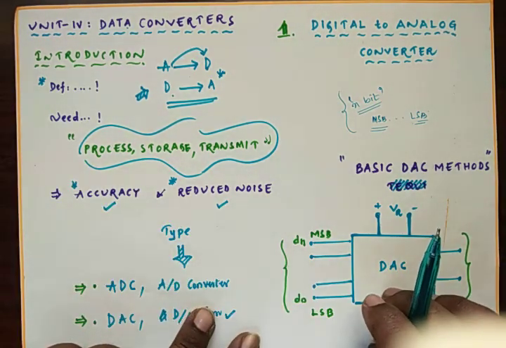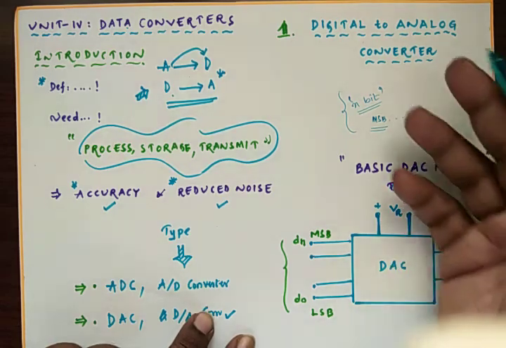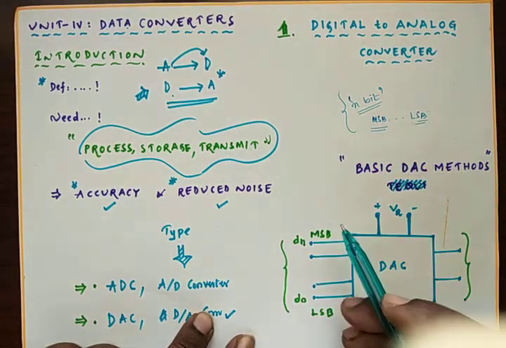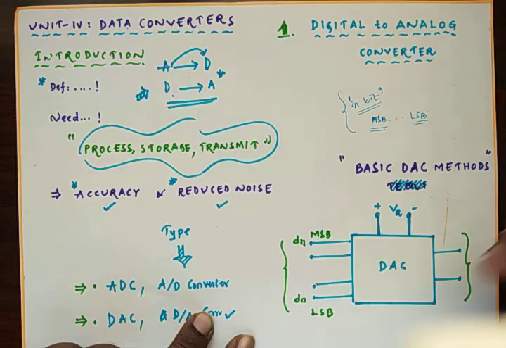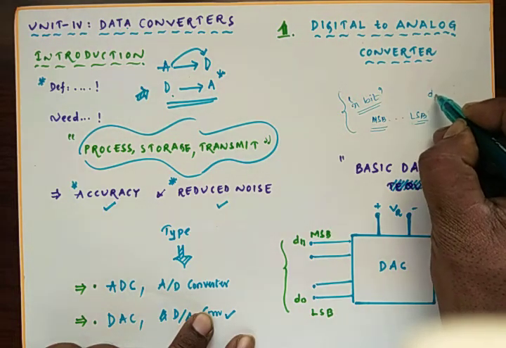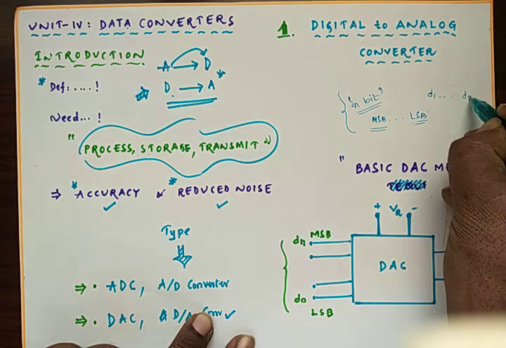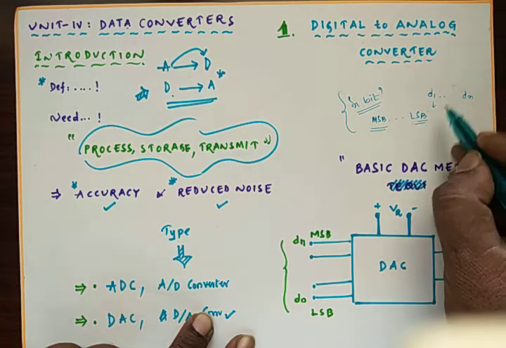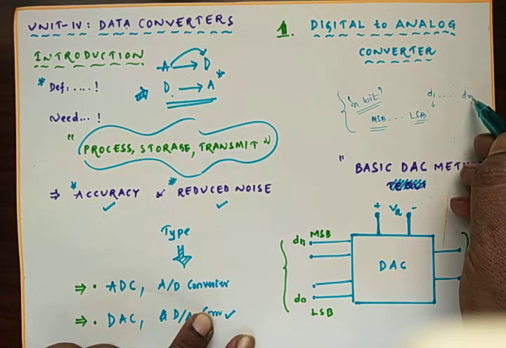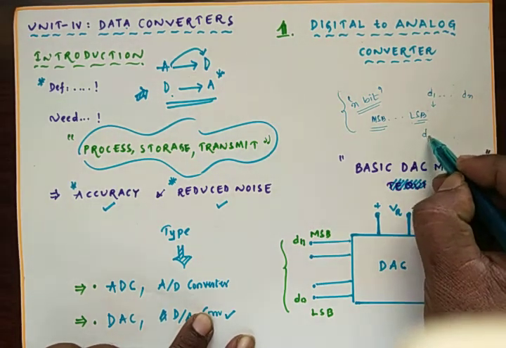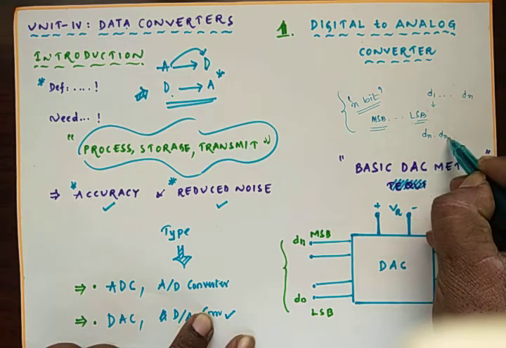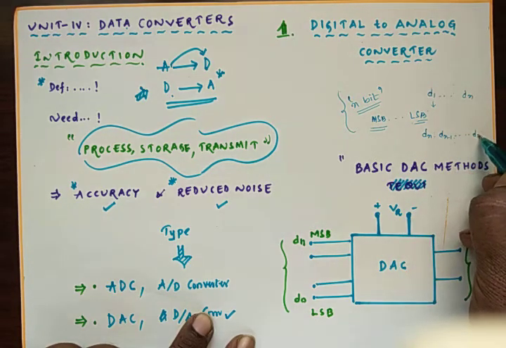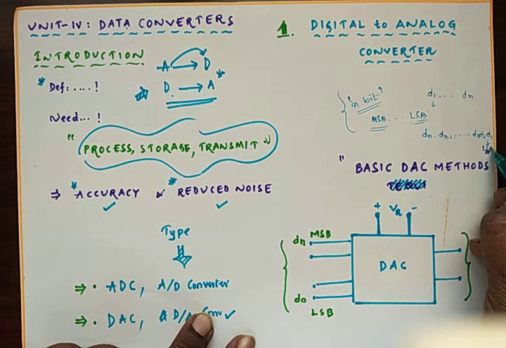So the DAC accepts an n bit binary word, which we can represent as D1 to Dn. D1 is the LSB, and Dn is the MSB. Otherwise you can write it like this: Dn, Dn minus 1, down to D3, D2, D1. Here D1 is the LSB, the least significant bit.